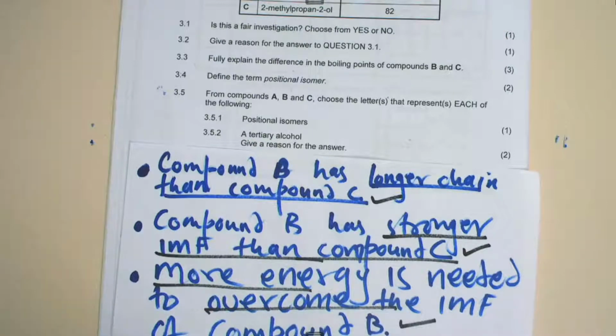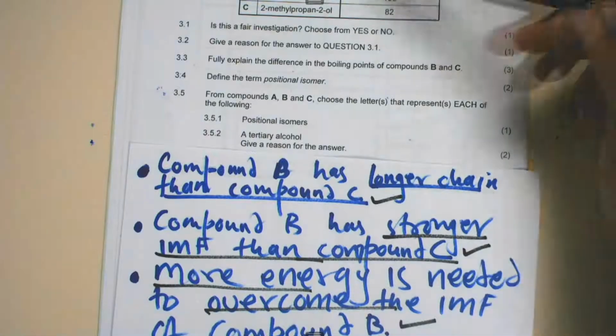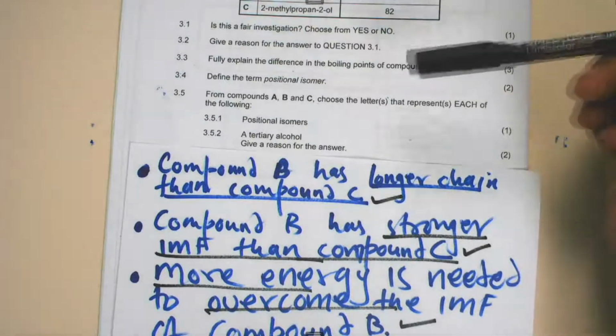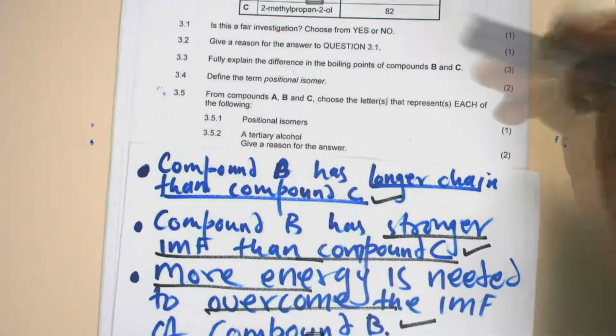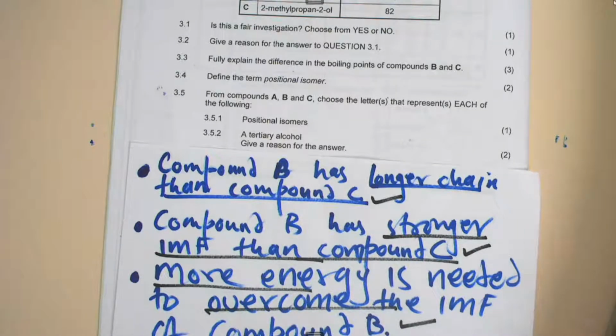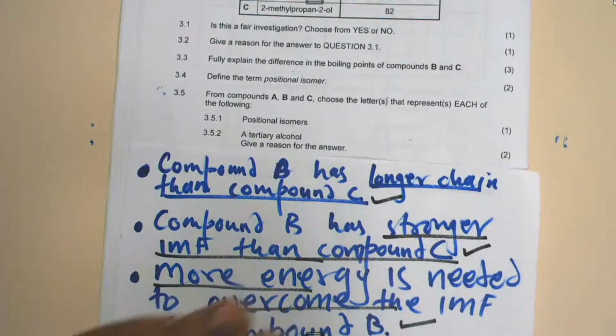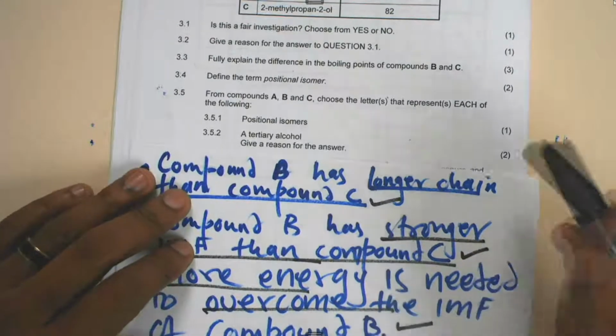So the best way is for you to know each and every definition, because if you reason according to the way you think it's correct, it's not going to be correct. The key idea is we are assessing whether you are able to give the correct definition of a tertiary alcohol. So it's easy to say it is the carbon bonded to the functional group that is bonded to 3 other carbon atoms. So if we check, it's 2 marks.